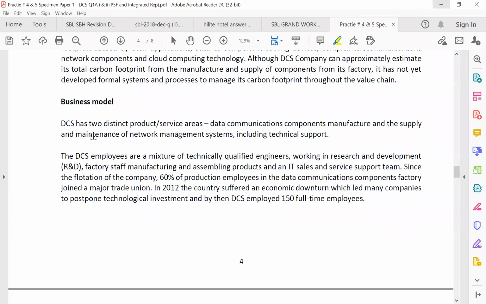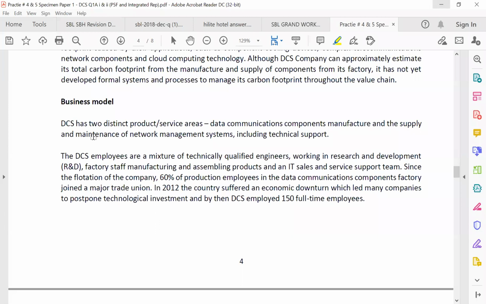DCS has two distinct product service areas: data communication components manufacture and supply, and maintenance of network management systems, including technical support. The DCS employees are a mixture of technically qualified engineers working in research and development, factory staff manufacturing and assembling products, and an IT sales and service support team.